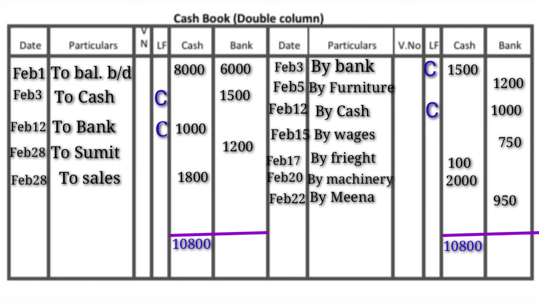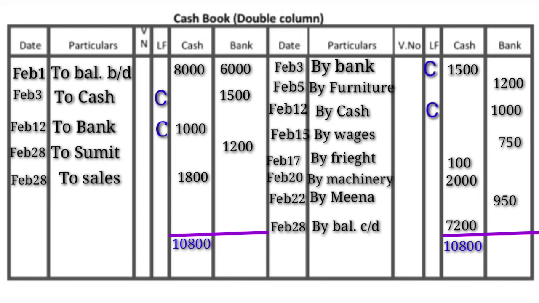Here the difference amount is 7,200 in credit side. That we will write here 7,200. This 7,200 is the balance amount on February 28th. Correct. So the date column we will write Feb 28th and particulars column by balance c/d.